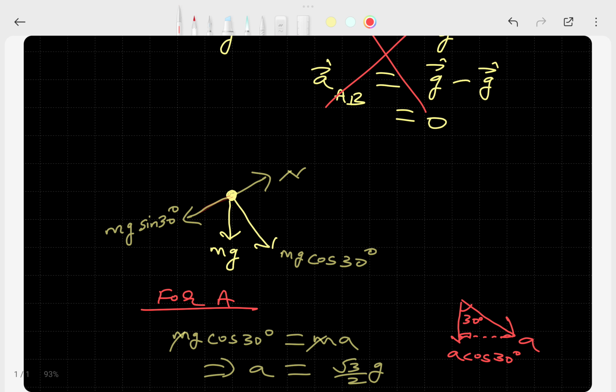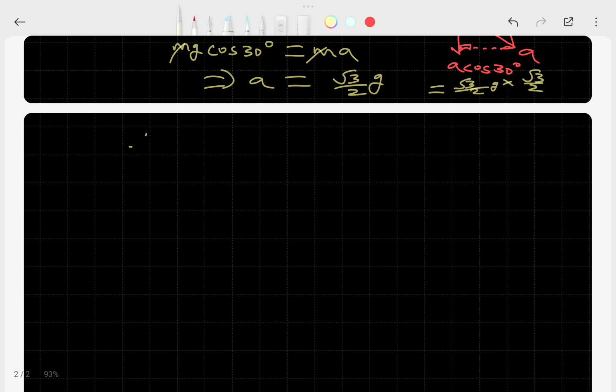So vertical acceleration will be a cos 30 degree, where a is root 3 by 2 g. So root 3 by 2 g into root 3 by 2 will be 3 by 4 g. Therefore the vertical component of acceleration for A is 3 by 4 g, which is downward.